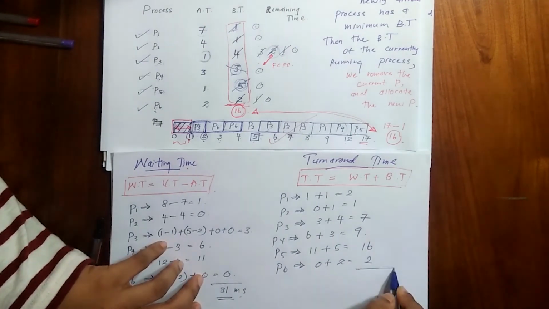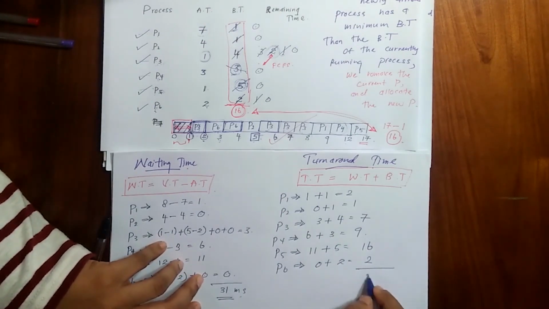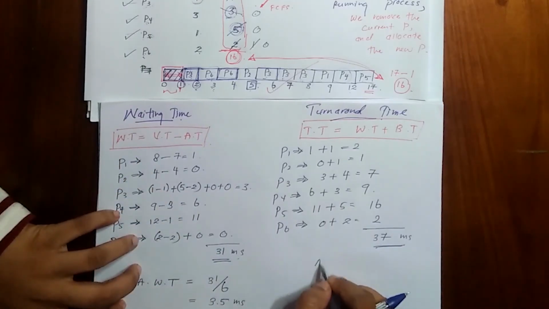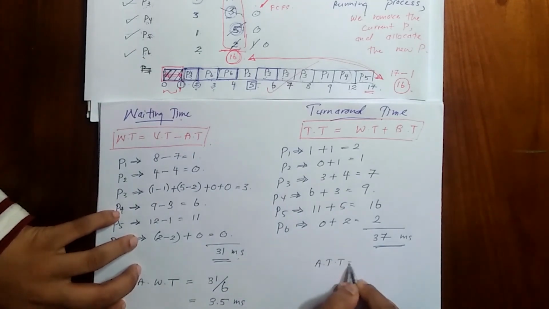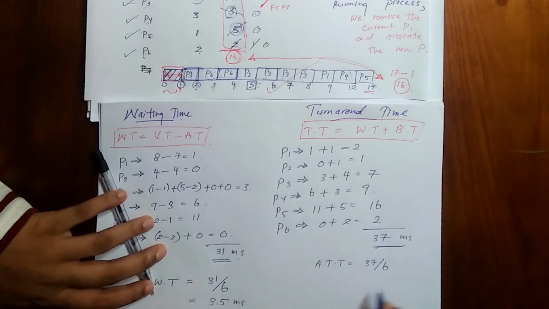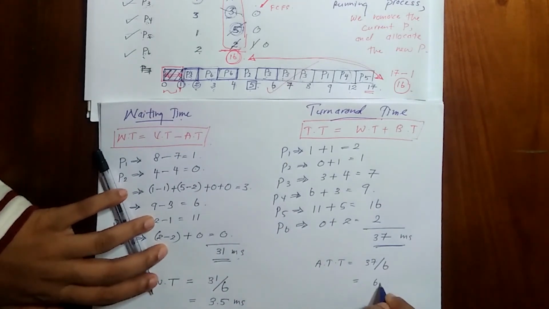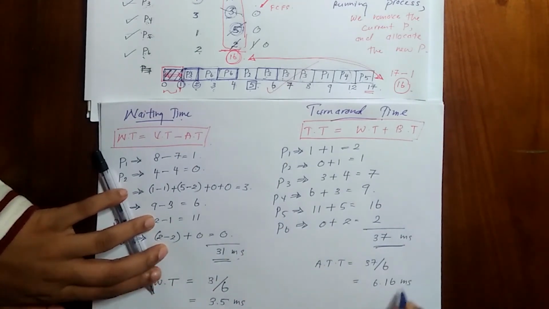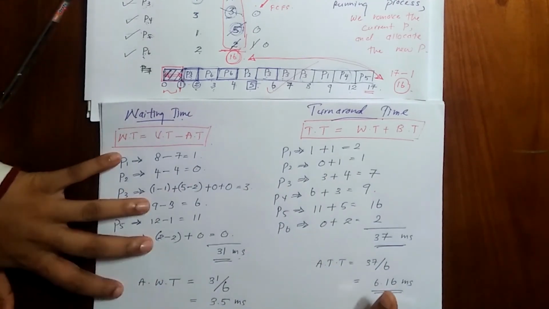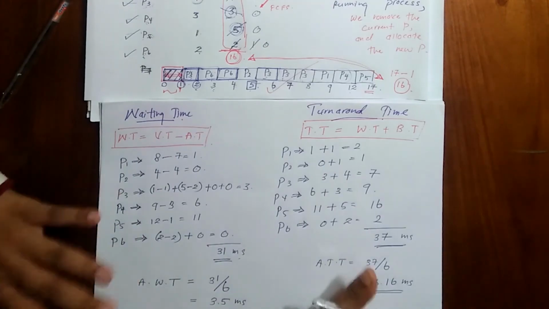And the total turnaround time is 37 milliseconds, and the average turnaround time becomes 37 divided by 6, which is 6.16 milliseconds. Right, so that is how to calculate the turnaround time.